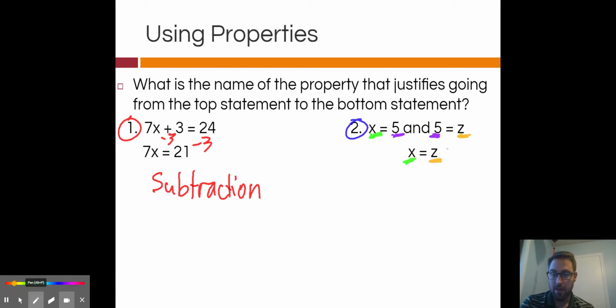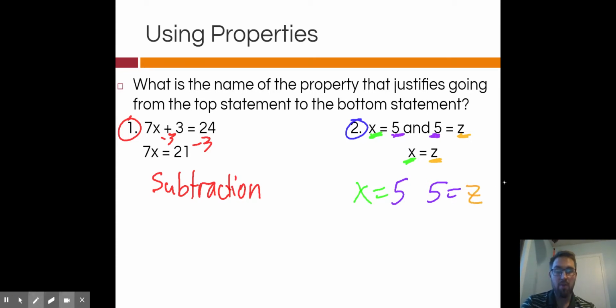So it appears as though we have x equals 5 and 5 equals z. So when we are rewriting it like this, which you don't have to do because we have this really helpful property, the transitive property.